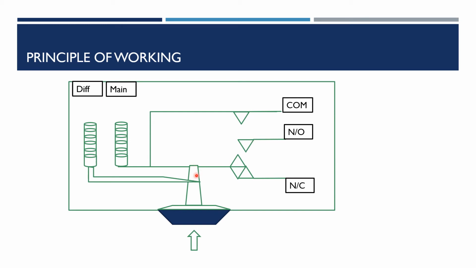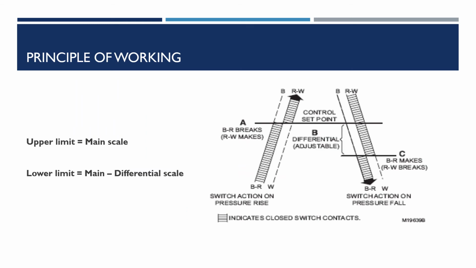If it reaches 45, it changes the state. After that, for the lower limit, let's say 20, I have to decrease the pressure to 20 in order to move back to this contact, the original state. So this is in principle how it works.